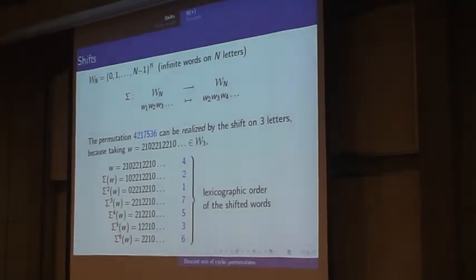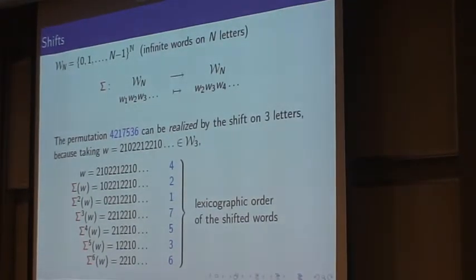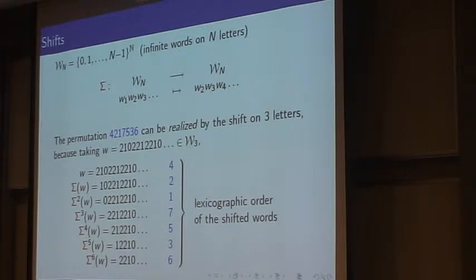For example, if you only have the binary alphabet, then there are some permutations of length 4 that you won't be able to realize with any binary word. The question is, if I give you a permutation, what's the minimum number of letters that you need in order to find a word that realizes the permutation?